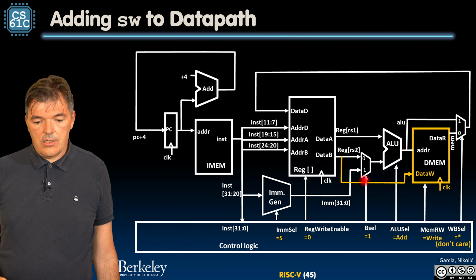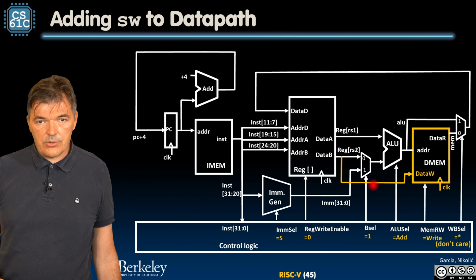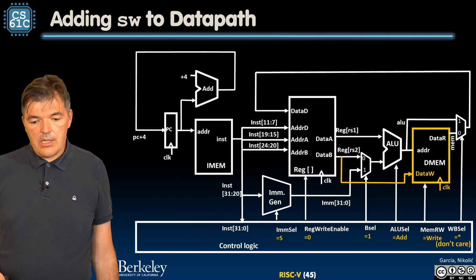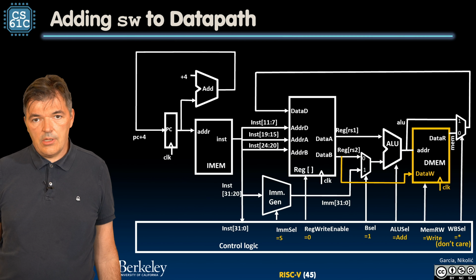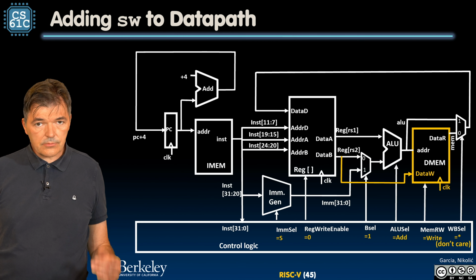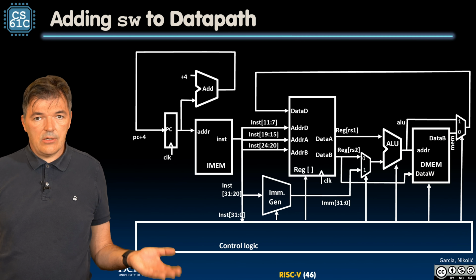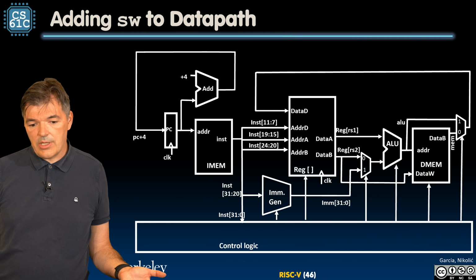And then we are still going to select the B operand here, which will pick the B operand to be the immediate. ALU is still going to add that immediate to the RS1, and that's how we got our address. Let's light up this data path to see how things actually propagate through it.